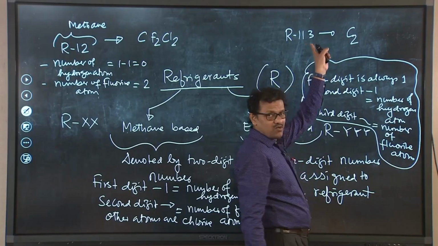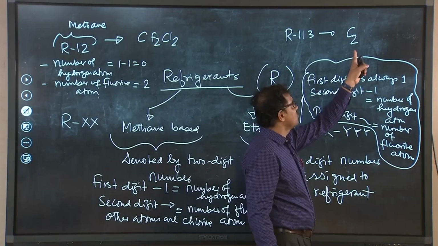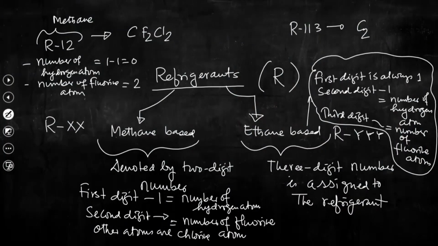What is second digit? 1. So, 1 minus 1, that is 0, hydrogen atoms equal to 0.